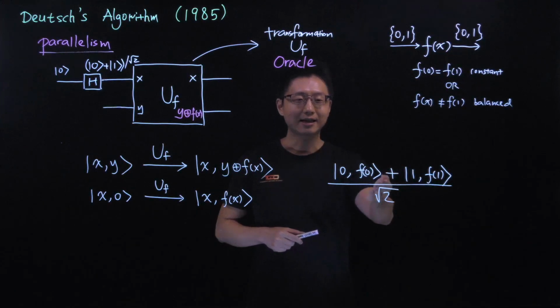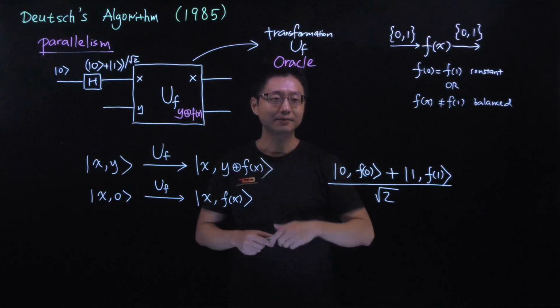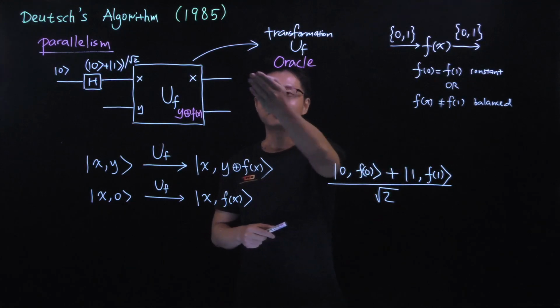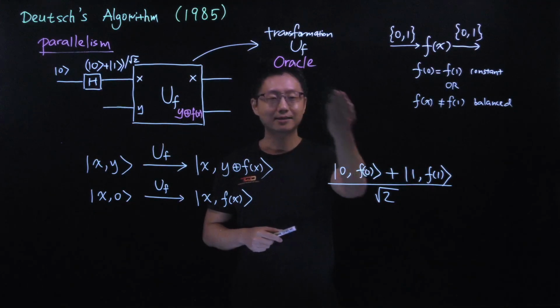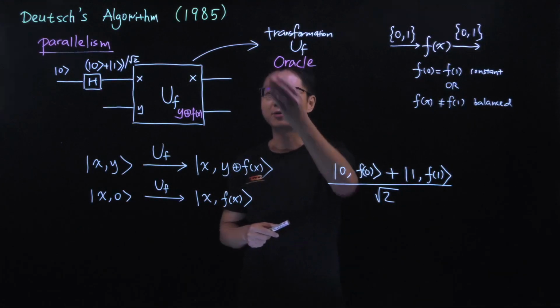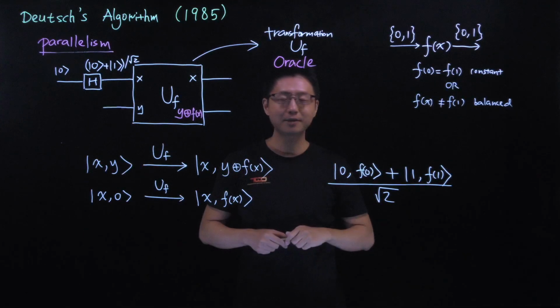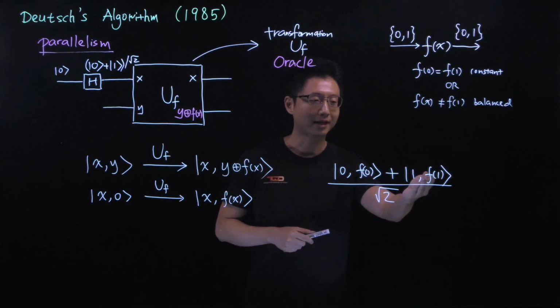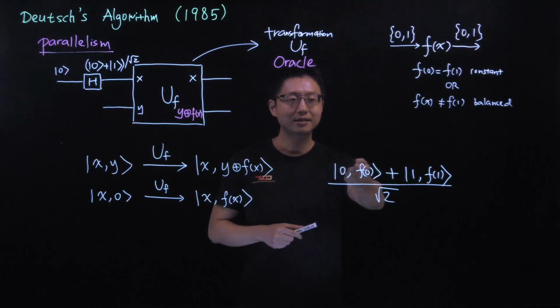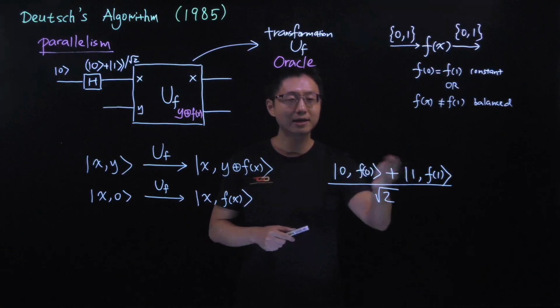And looking at this state, if a measurement is done over here, the first qubit could either be 0 or 1. If the first qubit is measured to be 0, we get the information about f of 0. If the first qubit is measured to be 1, then by measuring the second qubit, we can get the information about f of 1. However, this measurement on the first qubit is probabilistic.